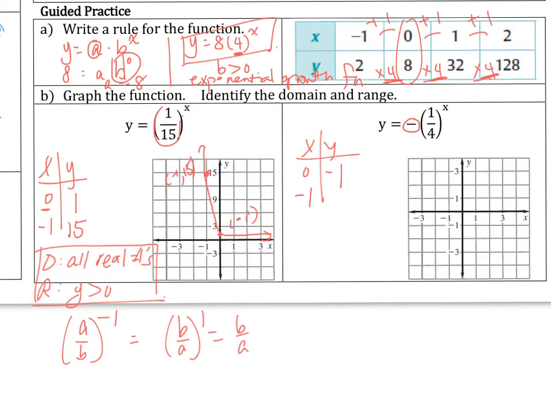So let's see. 1/4 to the -1st power. I can take the reciprocal of 1/4. Then this power becomes positive. So this will be -4. So 0, -1. And then -1, -4.